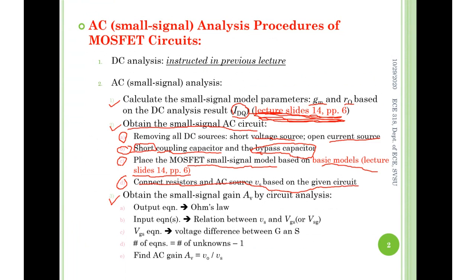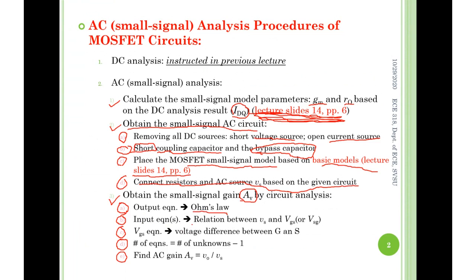The third step is to find the gain, which is circuit analysis. Just like in the DC analysis, I'm providing an arsenal, and this arsenal is enough for you to take care of any circuits, if you consider them as enemies. What do we have? First, we can have an output equation by Ohm's law. Second, we can have an input equation.